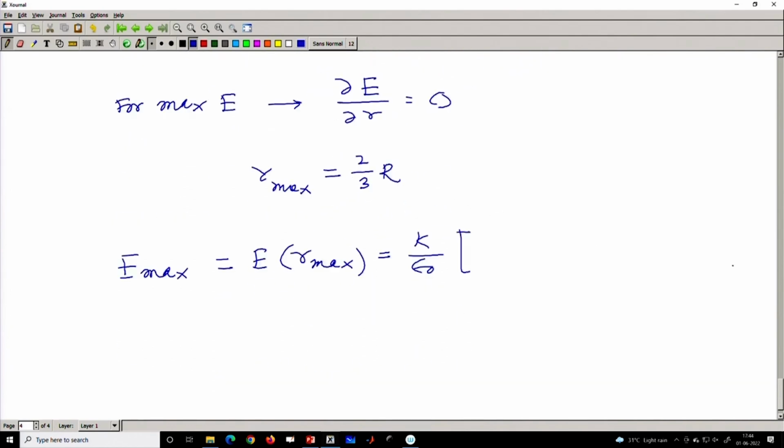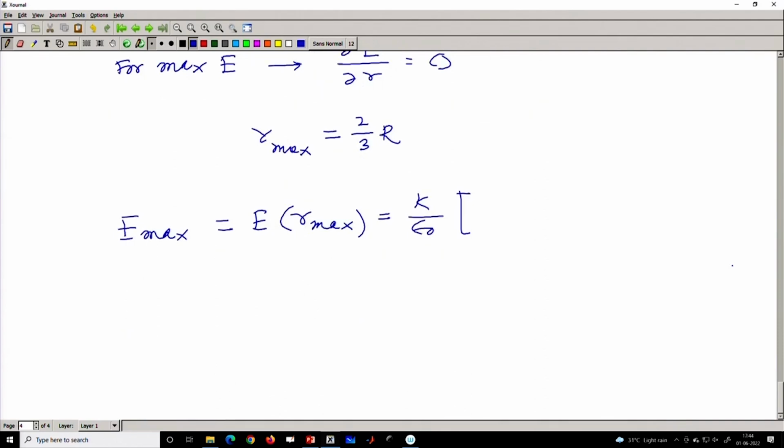So, R divided by 3, so I simply have R divided by 3, then 2/3 R, and then minus of 1 by 4, then 2/3 square, and then R square. So, eventually I have E max.